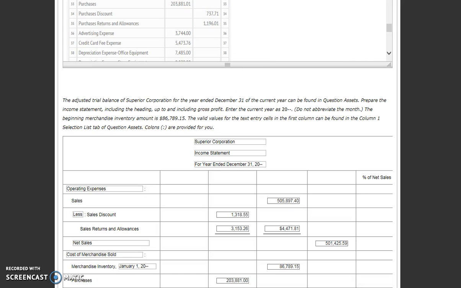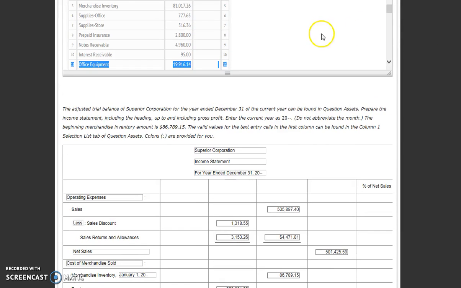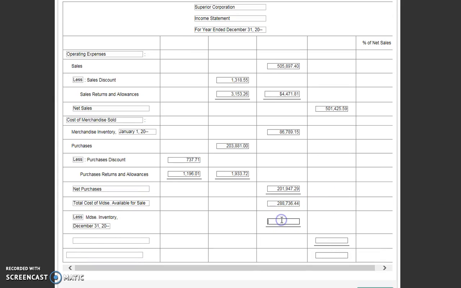Hold on. It took me a second, but I found it. I was looking for merchandise inventory in December. That's not it. Right here. Okay, merchandise inventory. And that goes right here. 81,017. Awesome. Okay. Cost of merchandise sold. We take the 288 minus the 81, 207.